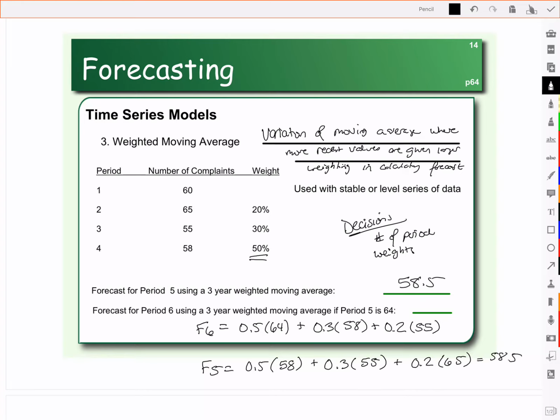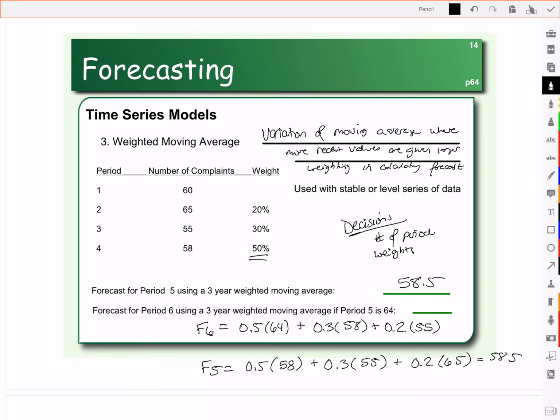So notice how the weightings have moved, and now the 50% is on period 5 instead of period 4, and the 30% weighting is on period 4 instead of period 3. So the weightings are going to continue to move as you're forecasting forward.